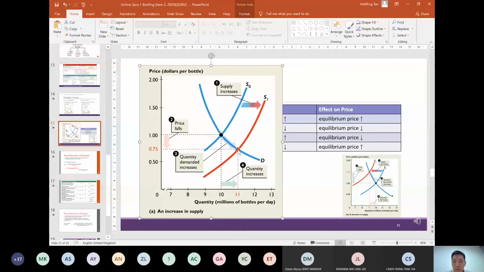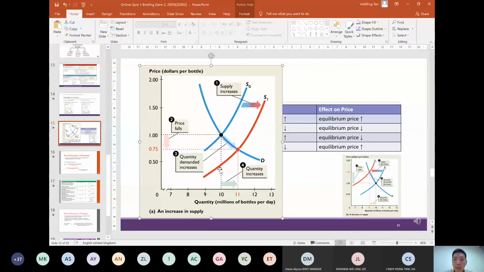So under the new equilibrium point, the new quantity is 11, and the new equilibrium price is 75 cents. You compare with the old one. Before that, it was $1, now reduced to 75 cents. So that means the equilibrium price will reduce, right? But the equilibrium quantity will increase when the supply curve shifts to the right-hand side.